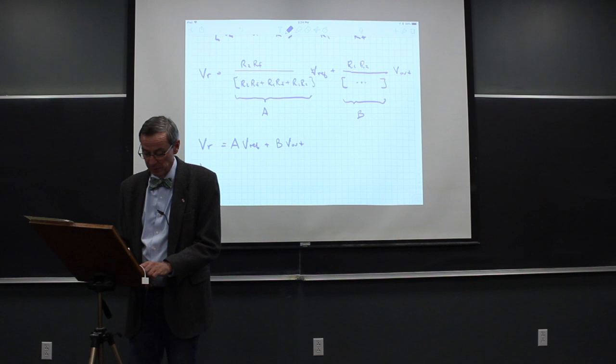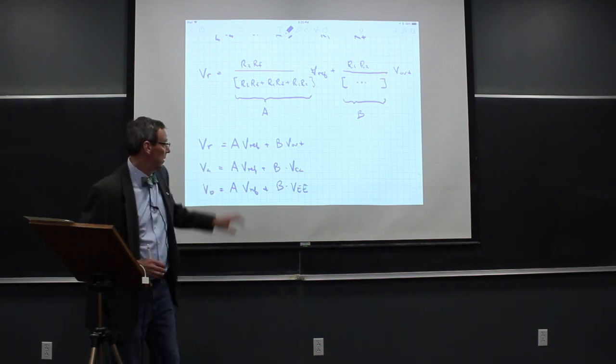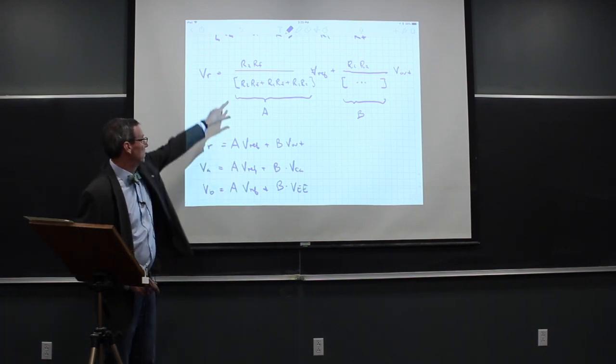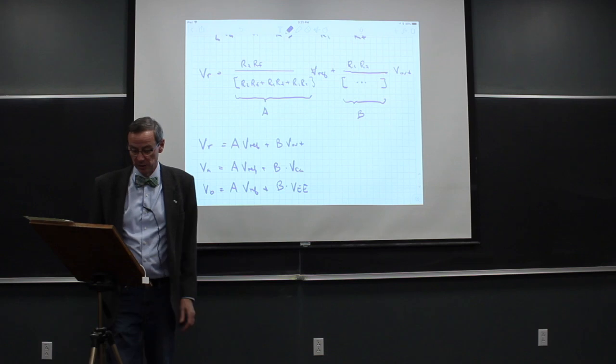So the two possible values, the upper one will be A Vref plus B times VCC, and the lower one will be A Vref plus B times VEE. So there's the two output voltages in terms of those combinations of resistors that we could control.